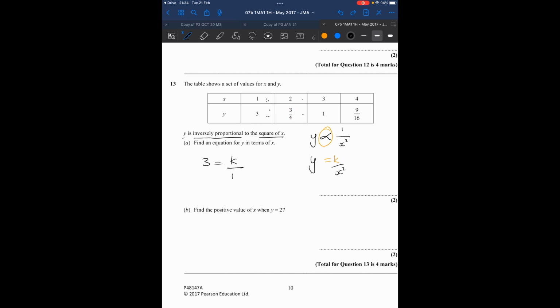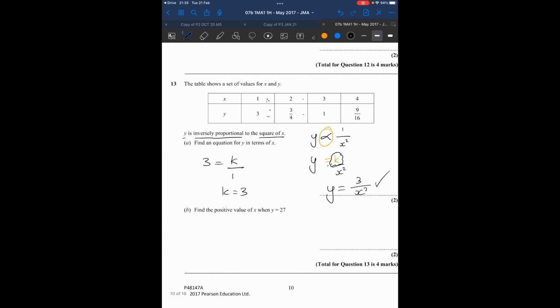So do you see that it's just sort of solved itself? So k is actually equal to 3. So all you need to do is put that now in there, and that's the whole thing done. So y equals 3 over x squared. Done.